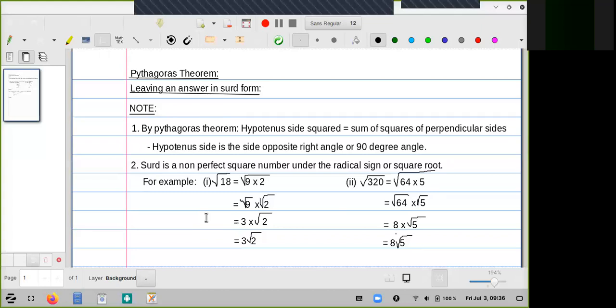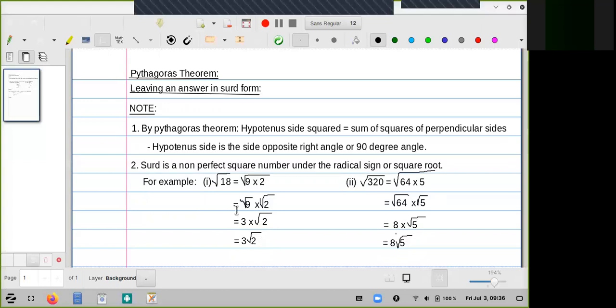So it is an exact value. However, the number that we have here still has a factor under the square root sign. Why? Because it is not a perfect square. So the exact value for the square root of 18 is equal to 3 root 2.